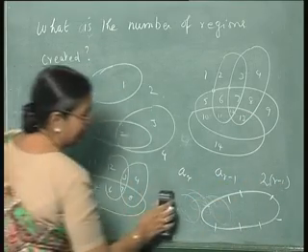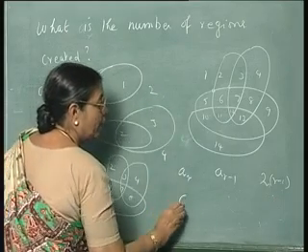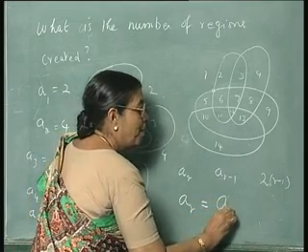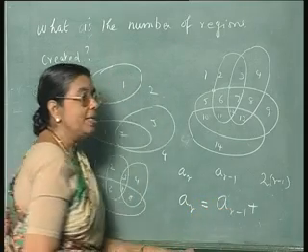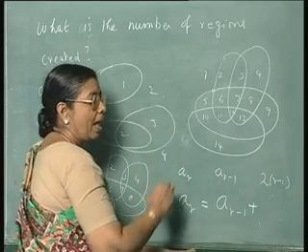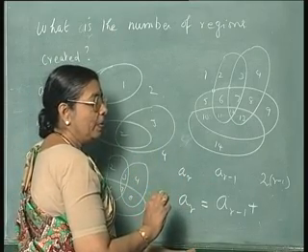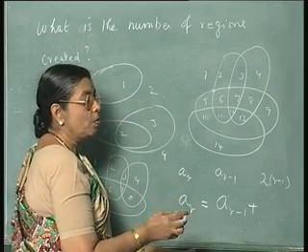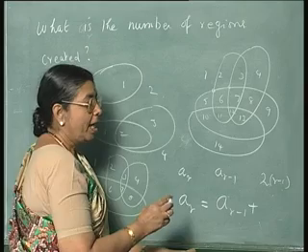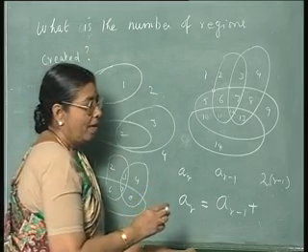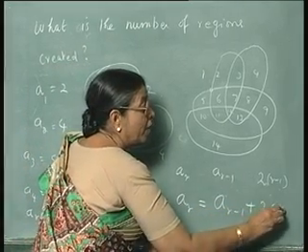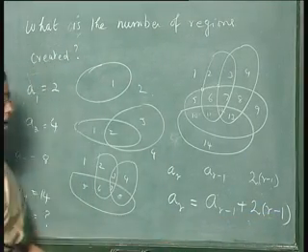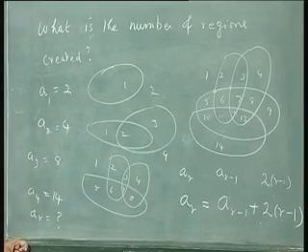So, the recurrence relation: the number of regions into which r ovals divide the plane is what you already have by drawing r minus 1 ovals, plus 2 into r minus 1 new regions, since each arc divides one of the original regions into 2. So, A_r is equal to A_(r-1) plus 2 into r minus 1.